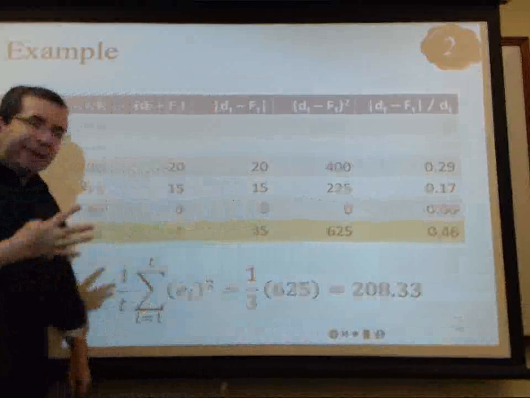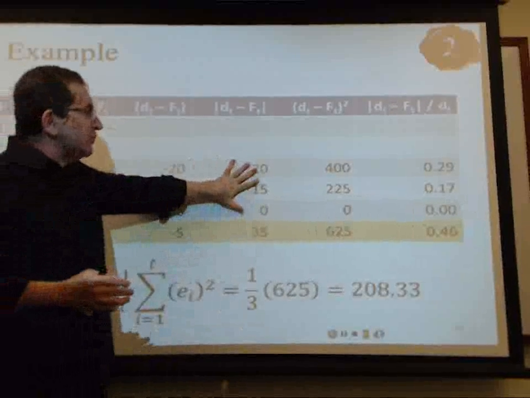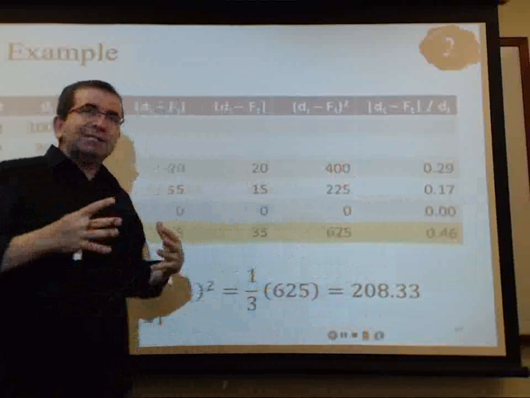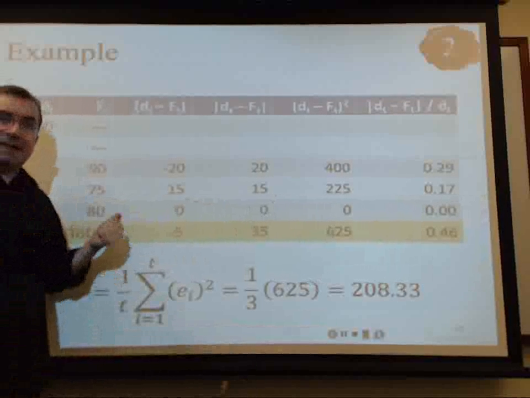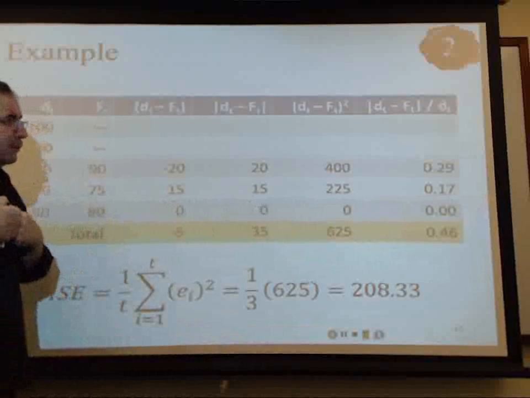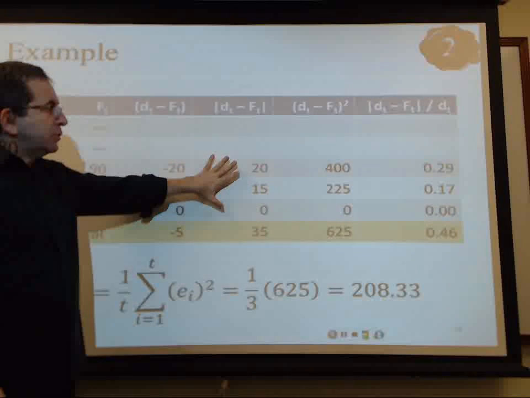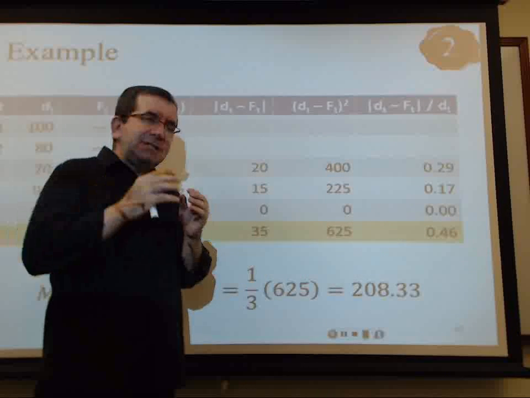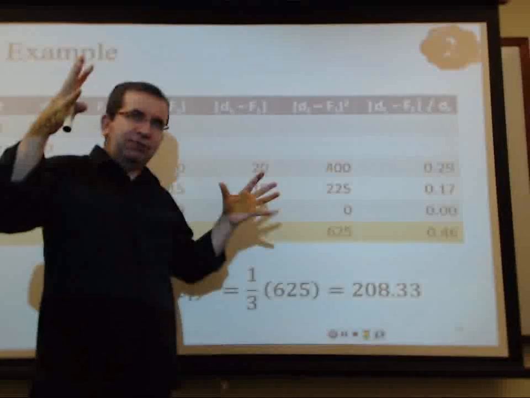Okay. So you may be wondering, what's the difference between taking the absolute value and the square? In both cases, all the forecast errors become positive and they stop canceling each other out. The difference is when you square a number, the difference between smaller and larger numbers gets amplified.